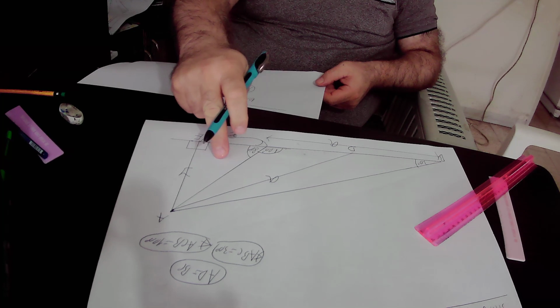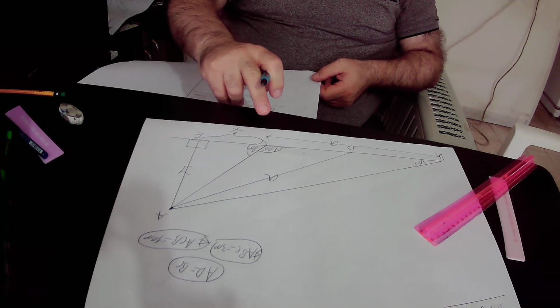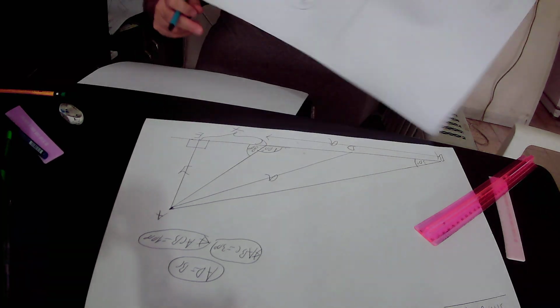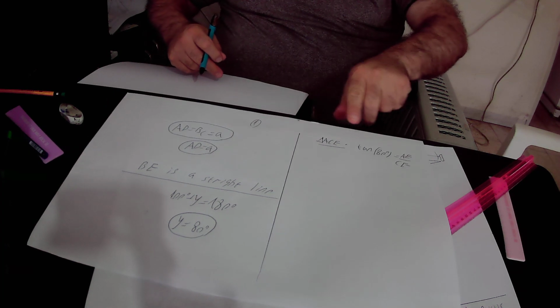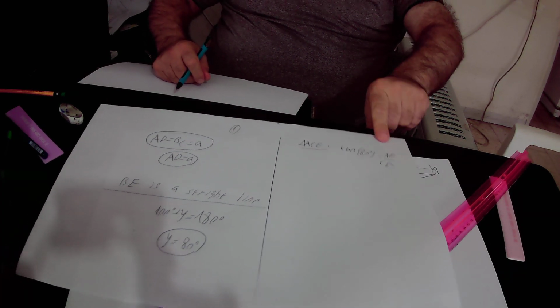I will repeat again: in the right triangle ACE, tangent 80 degrees equals AE over CE.